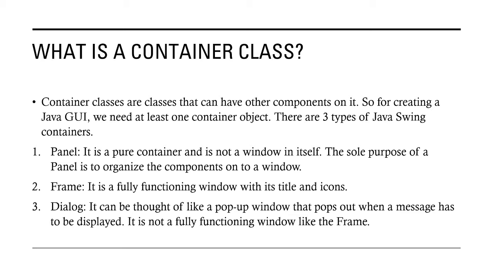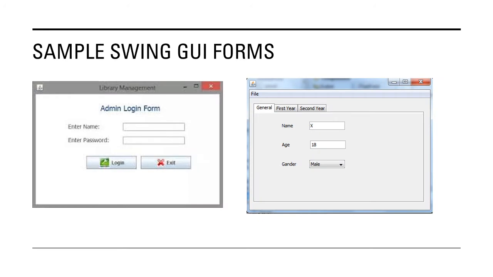It's not a fully functioning window just like JFrame, but it can be called and instantiated as a Java Swing element or object, and if you call it, a pop-up window will be displayed. So these are the sample Swing GUI forms that can be created using Java programming, using the Swing class.